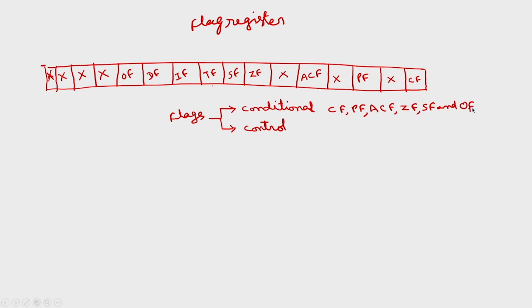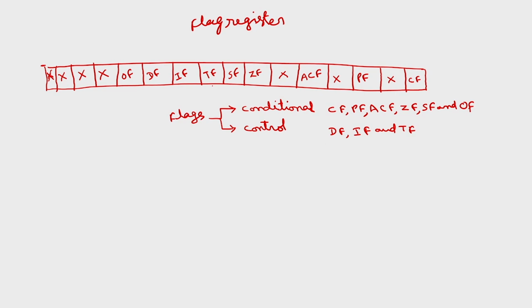The remaining 3 are the direction flag, interrupt enable flag and trap flag, which are called control flags. As the name implies, the conditional flags are set or reset only under some conditions, whereas the control flags have to be programmed by the user, the programmer.